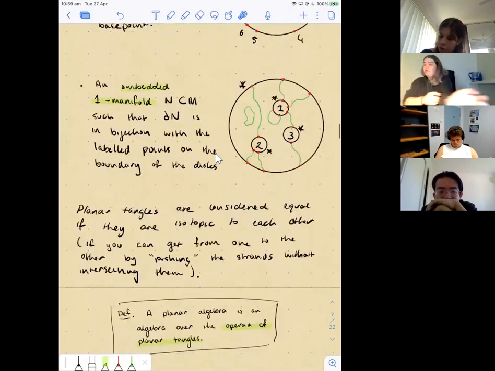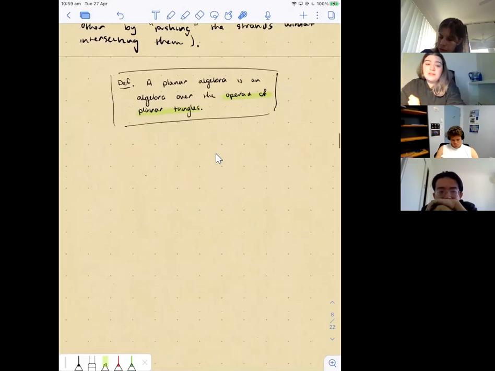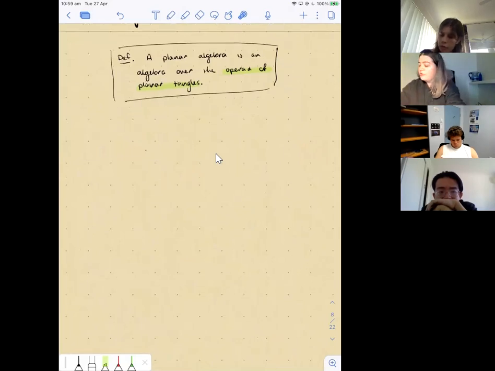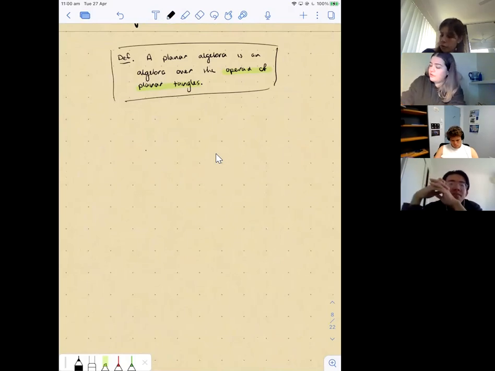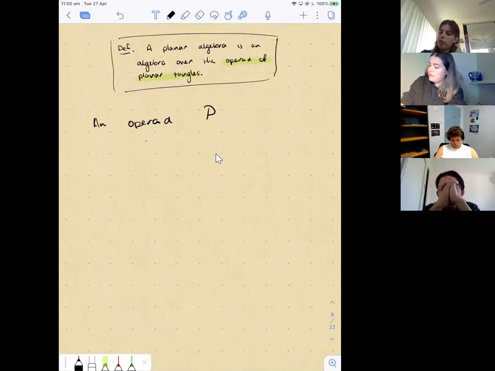And so then we get to the next step of the definition: what is the operad of planar tangles? I'm going to give a rough and ready definition of an operad here because I'm not going to assume it in this context. An operad is an algebraic structure, I'm going to call it P, which is equipped with a family of maps, which I'm going to call circ I, where I is a positive integer.